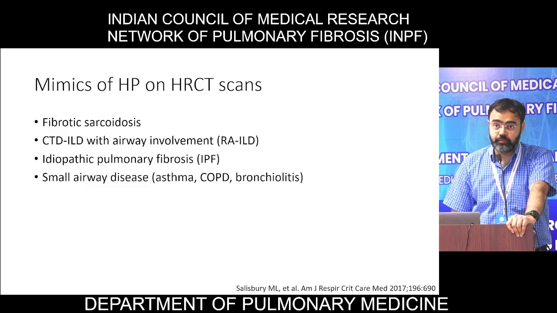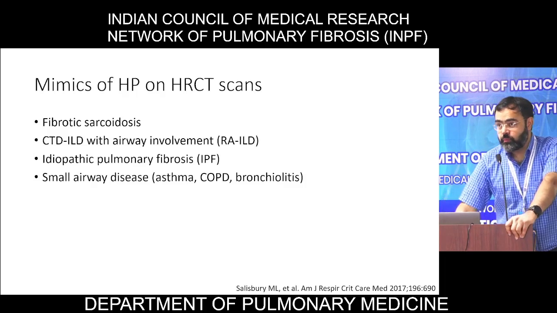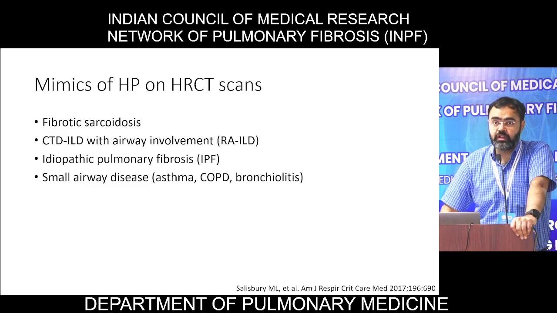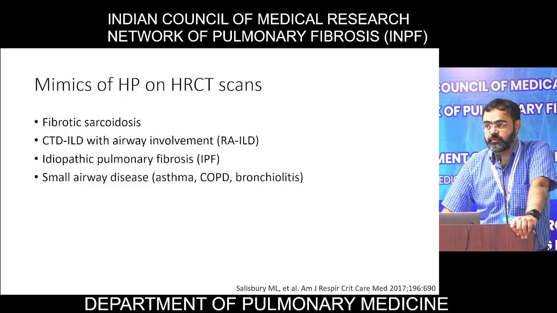Sometimes it may be upper lobe predominant; 10 to 15% of CTD ILDs may occur only or predominantly in the upper lobes. Small airway involvement is also seen with CTD ILDs. So once you have a fibrotic lung disease with small airway involvement, it becomes a mimic of hypersensitivity pneumonitis.